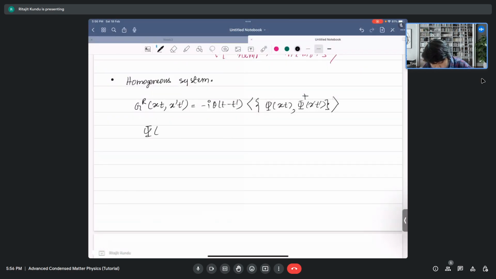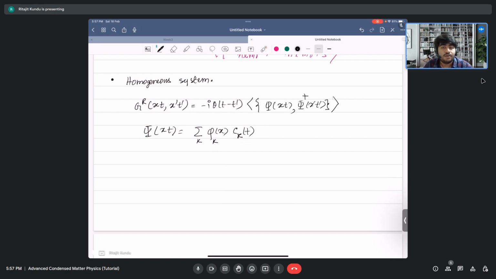When you have a field operator which is a function of, let's say, x and t, you can write it in terms of some wave function amplitudes, phi_k(x), and c_k(t). These are wave function amplitudes, and these are annihilation operators corresponding to that particular state.